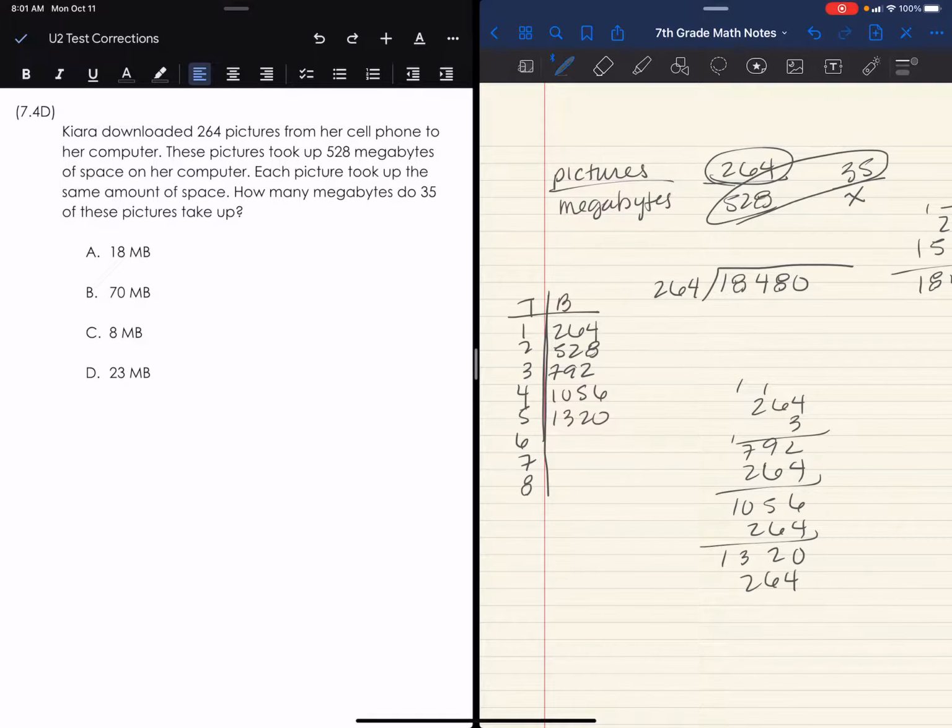Okay, so what I'm doing now is I'm just adding 264 instead of remultiplying every single time, because you guys know multiplication is repeated addition.